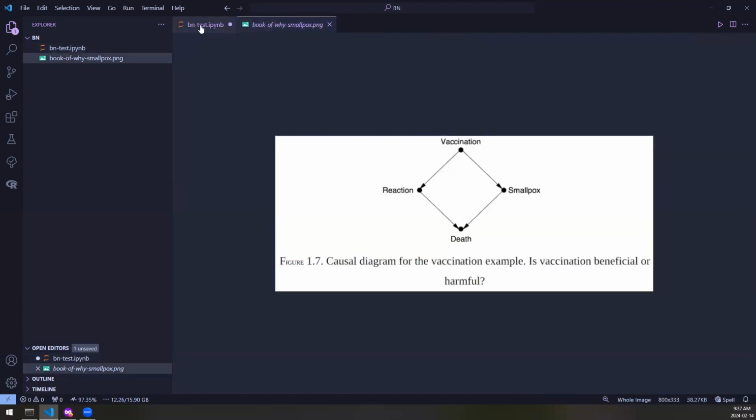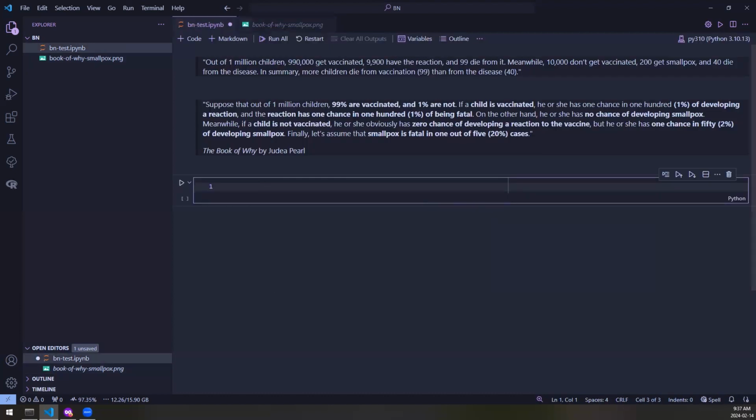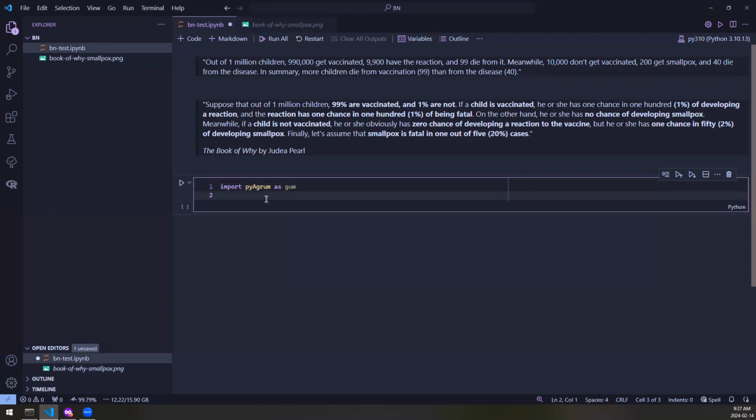Using PyAgrum, we are going to implement that. The first thing we need to do is import PyAgrum as gum. Since I'm implementing this in a Jupyter notebook, at some point we need to see the graph, so we need to import a submodule of the PyAgrum library, the notebook module.